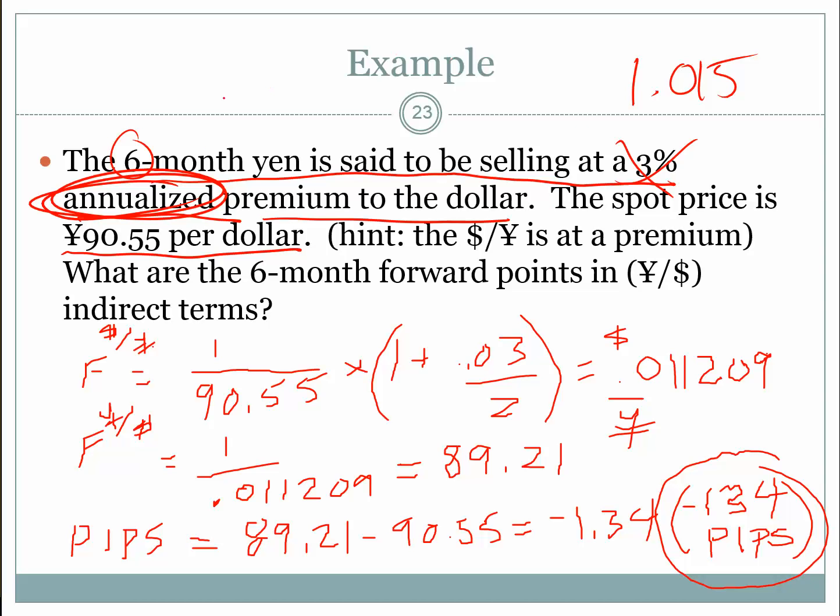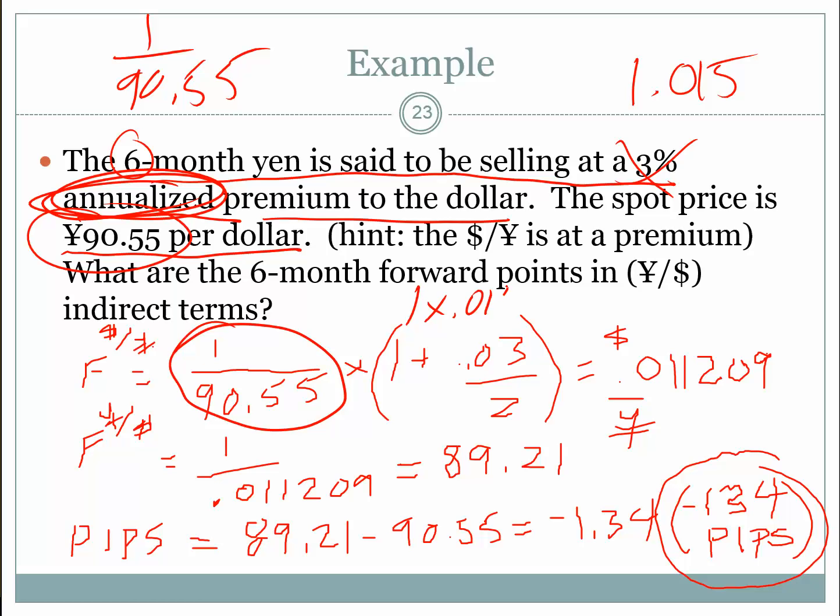You also have to recognize that this 90.55 is not the price of the yen, it's the price of the dollar. The price of the yen is actually this. So to figure out what the actual price is, I'll first convert the yen-dollar exchange rate to a dollar-yen exchange rate, and then multiply times 1.015.